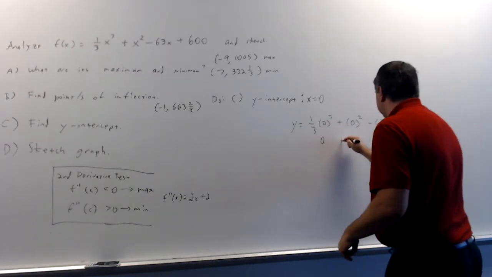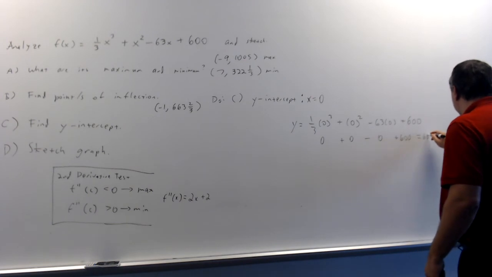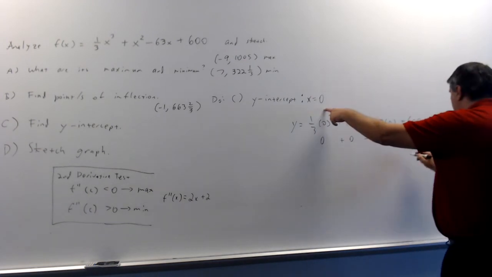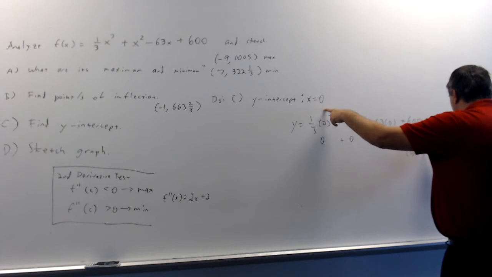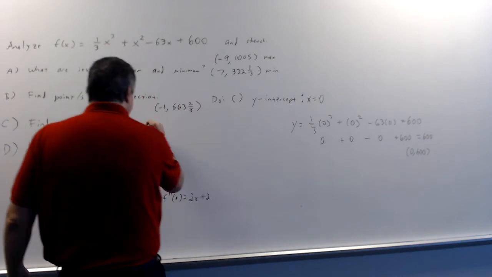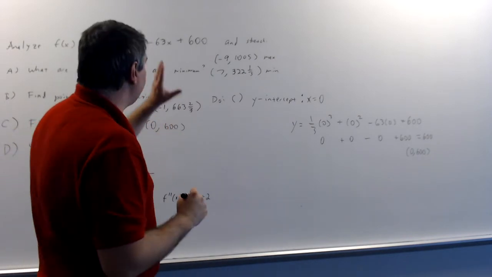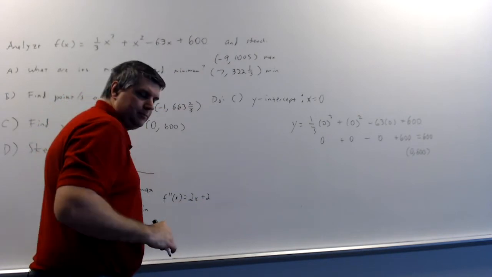Zero plus 0 minus 0 plus 600 is just 600. So the y-intercept is (0, 600). Okay, I've got everything I asked for.